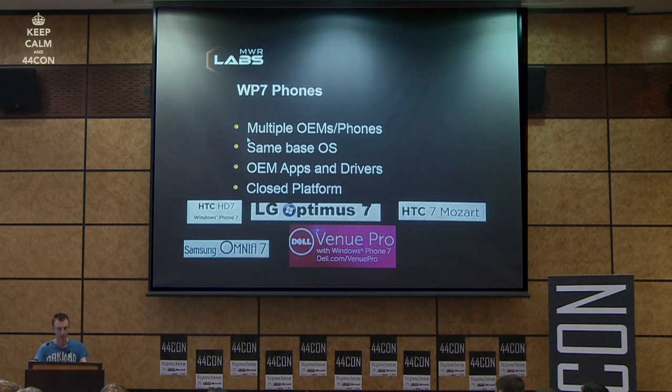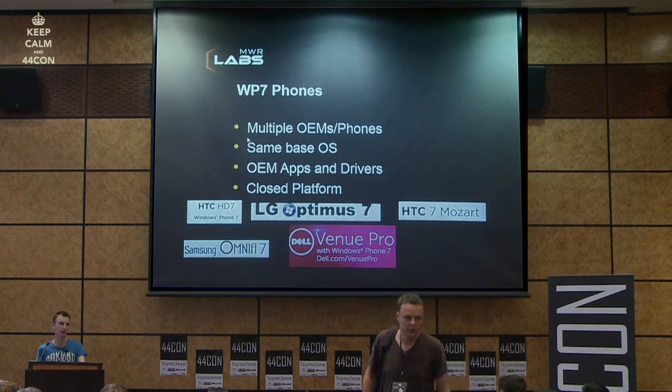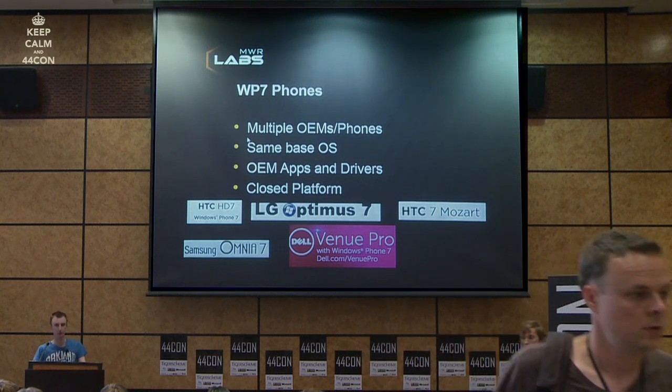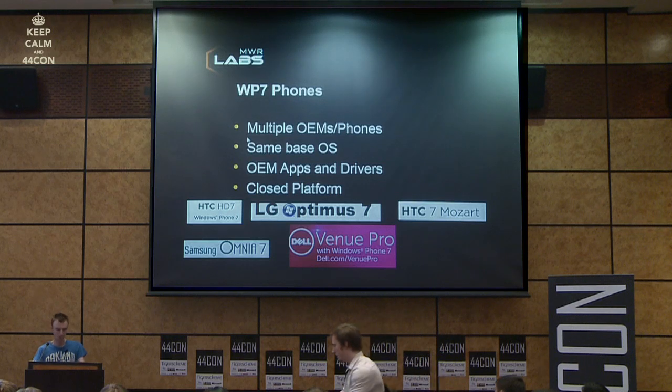But there's customizations for the OEMs, such as device drivers to support that platform, and OEM applications which provide extra functionality over what a normal developer would get. It's a closed platform. There's no way really that the end user sees the operating system. You can't make any changes to the operating system other than the settings which you normally see on smartphones.